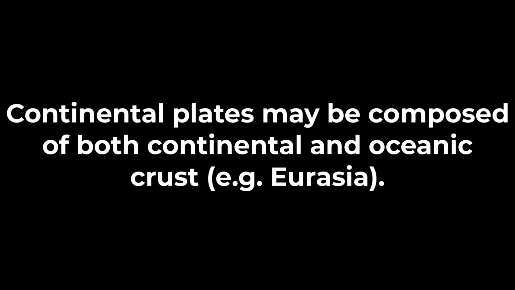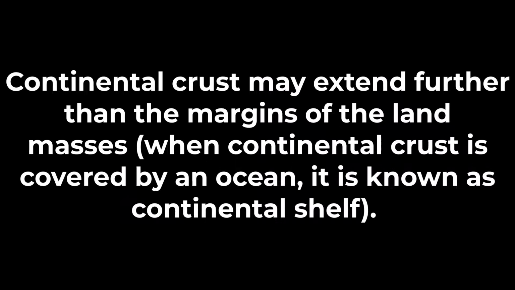Continental plates may be composed of both continental and oceanic crust, for example, the Eurasian plate. Continental crust may extend further than the margins of the land masses. When continental crust is covered by an ocean, it is known as continental shelf.